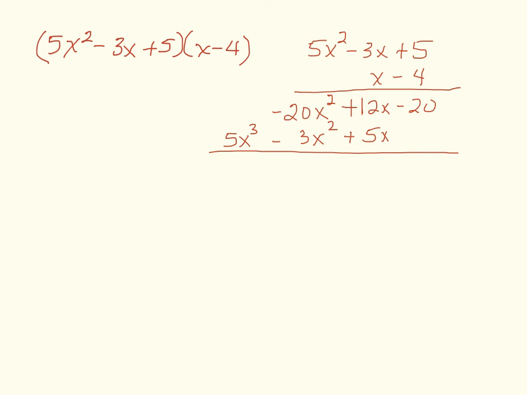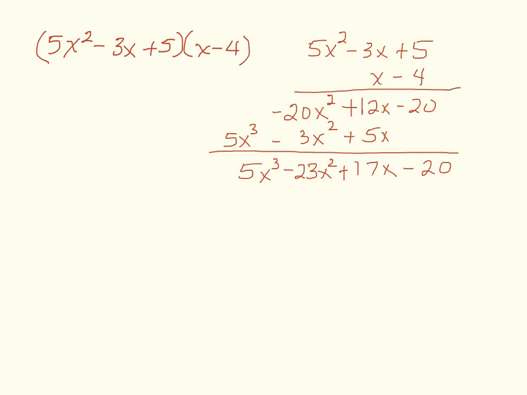And check my signs, make sure my signs are right. This is going to be a negative 20, a positive 12x, a negative 20x squared. Then I should have a positive 5x, a negative 3x squared, and a positive 5x cubed. All right. So now I add. Negative 20 comes down, 12 and 5 is 17x, negative 23x squared, and 5x to the third.